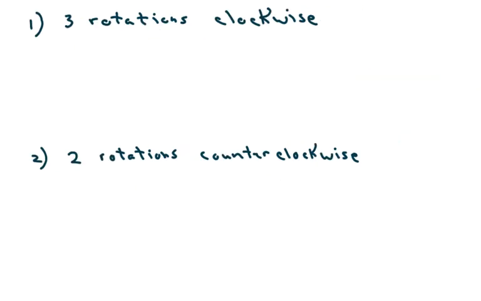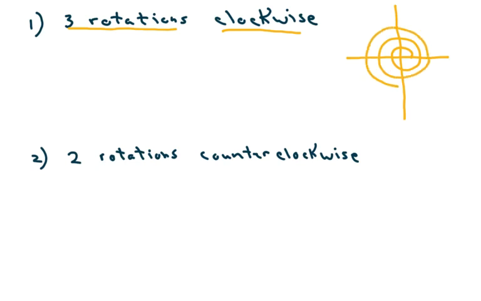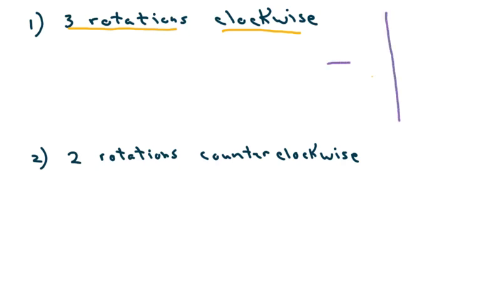So 3 rotations clockwise, so that would be like this. 1, 2, oh no it wouldn't, I'm going the wrong way. Clockwise means clockwise, so that's going to be negative. So you're going to go negative. So that's clockwise.